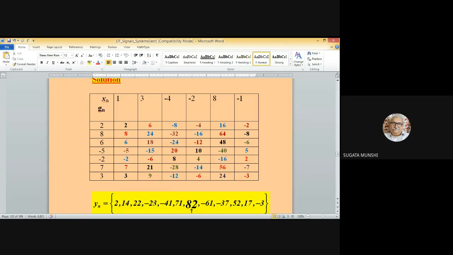Just check. Right? Then you add up these blue numbers. That is minus 41. Next, you add up these red numbers, 71 probably. Then you add up these black numbers, 82.